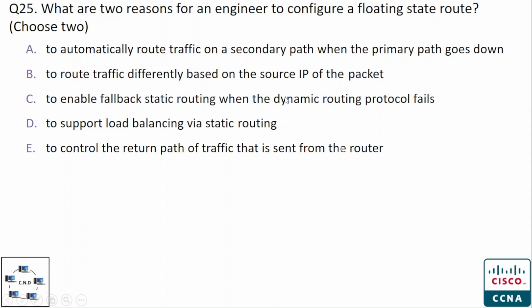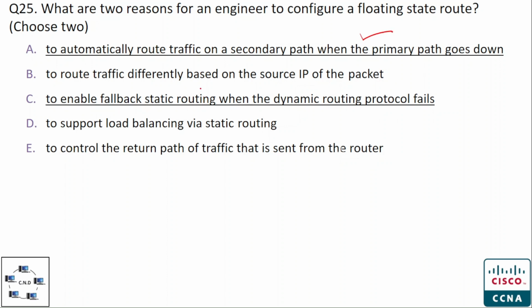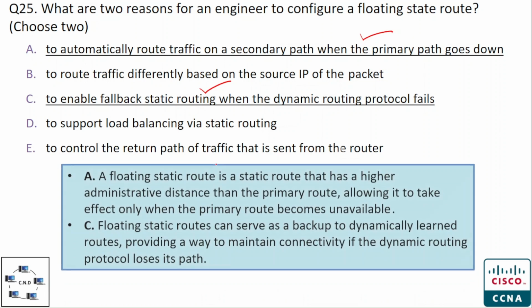And the correct options are that the floating static route is configured to automatically route traffic on a secondary path when the primary path goes down, and to enable fallback static routing when the dynamic routing protocol fails.